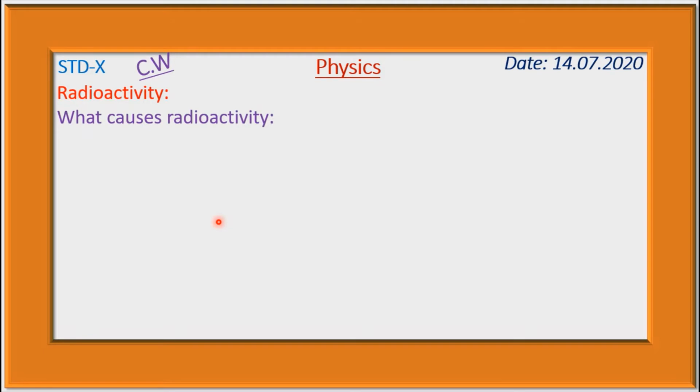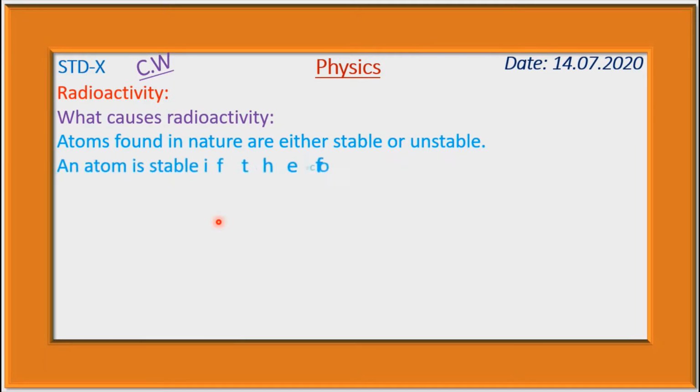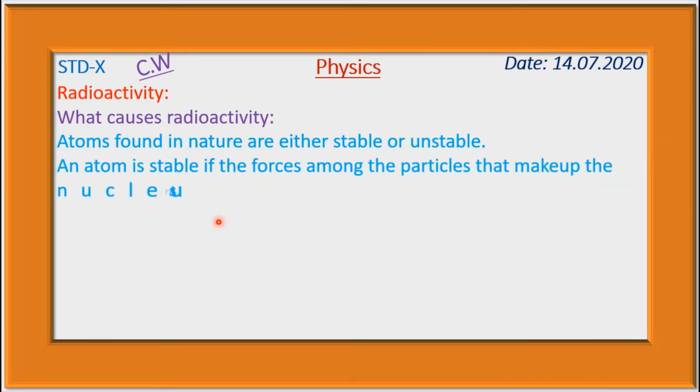What causes radioactivity? Atoms found in nature are either stable or unstable. An atom is stable if the forces among the particles that make up the nucleus are balanced. We know an atom consists of a nucleus and electrons, and the nucleus consists of neutrons and protons.